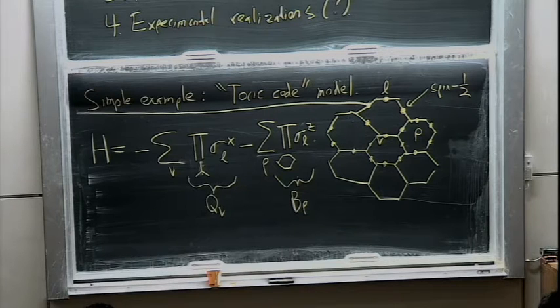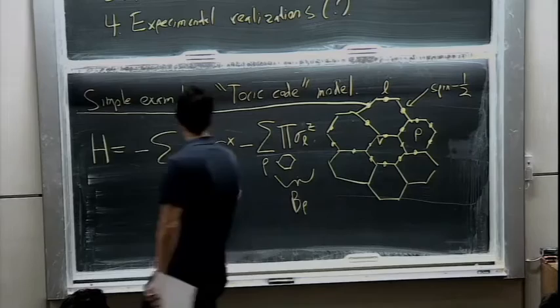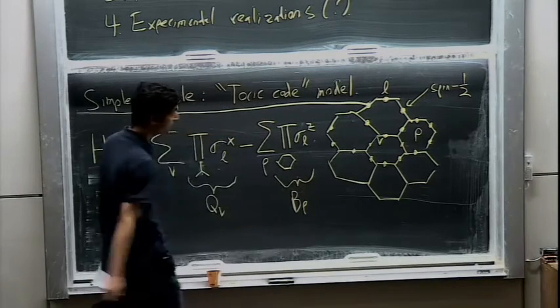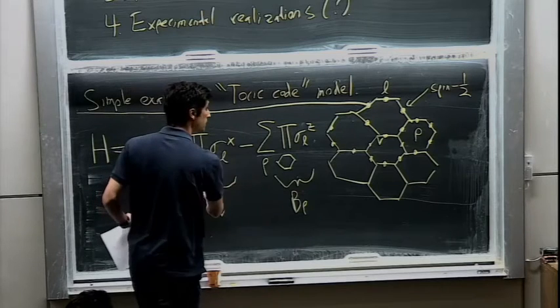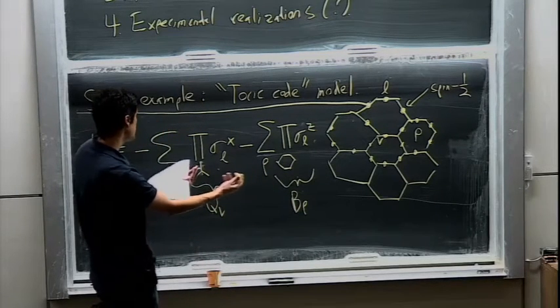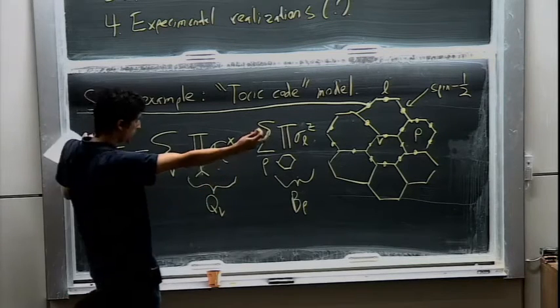And BP commutes with BP prime. Okay? And it's pretty easy to see why that's the case. The QVs commute with each other because they all involve sigma x's. The BPs commute with each other because they all involve sigma z's. The fact that these guys commute with one another, that's the only tricky part. But you can see the only time you have to worry about them not commuting is if they're close to one another. If they're far apart, they obviously commute.